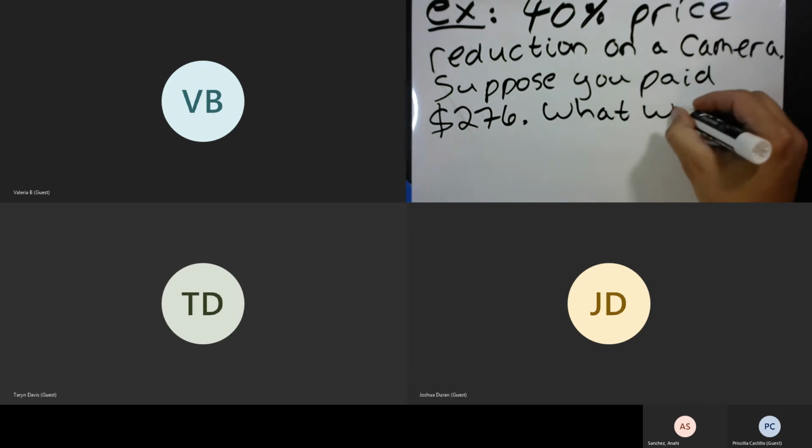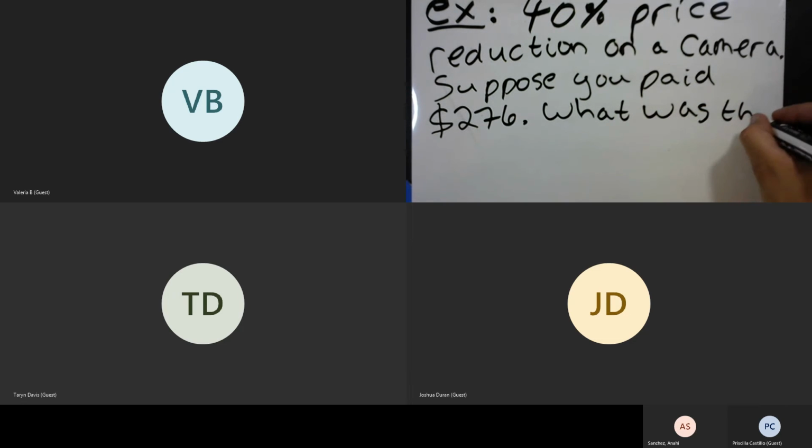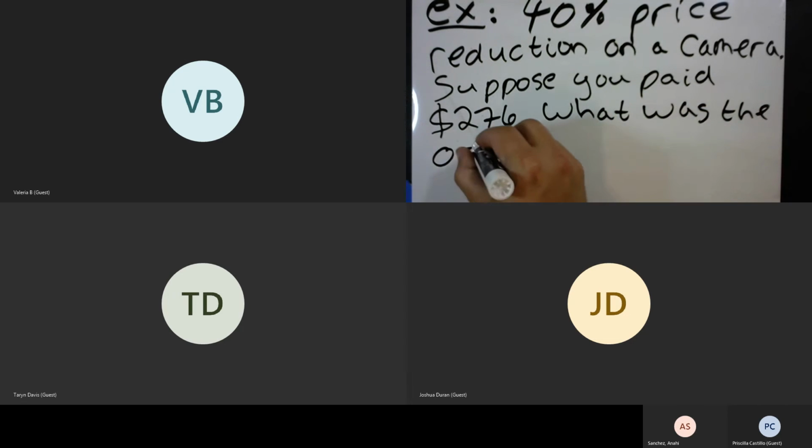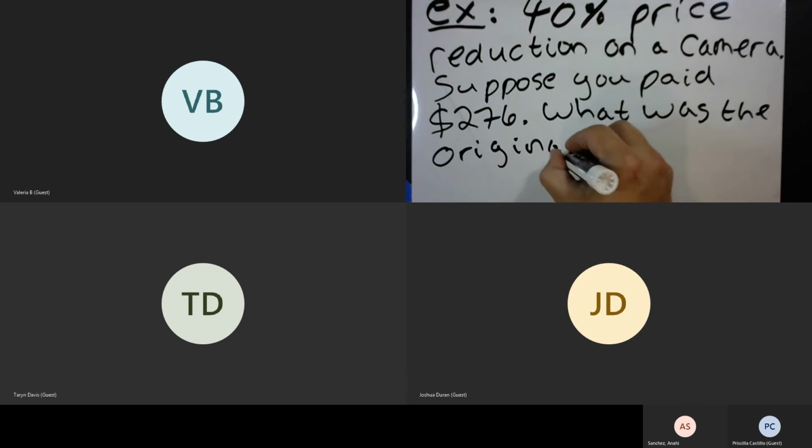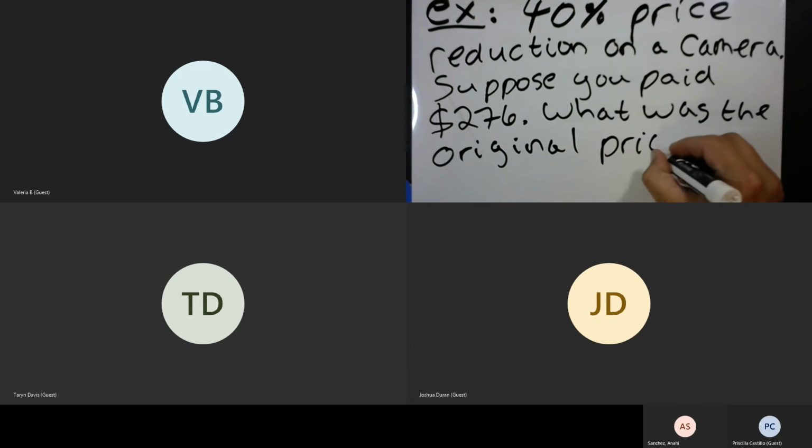What was the original price? So you have a camera, it's basically 40% off, and you get this camera for $276, and you're sort of wondering, well, what did it actually cost from the get-go? What was the original price?